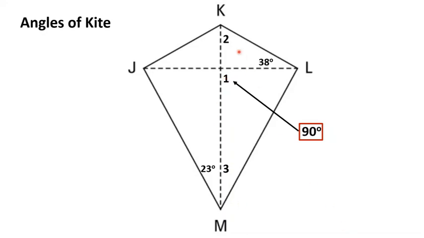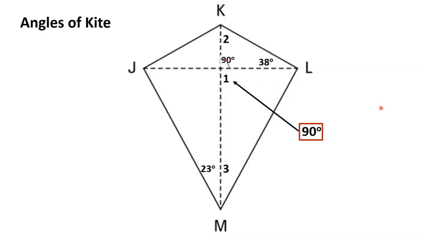Now, let's look for the value of angle 2. For angle 2, we're going to use the given 38 degrees and this angle here. We know that this angle is 90 degrees.